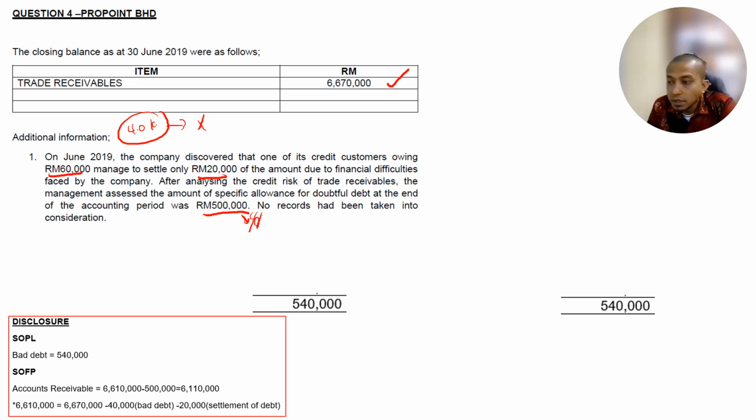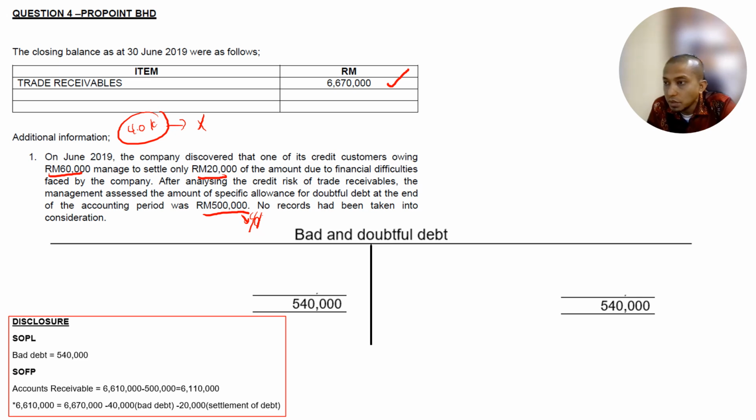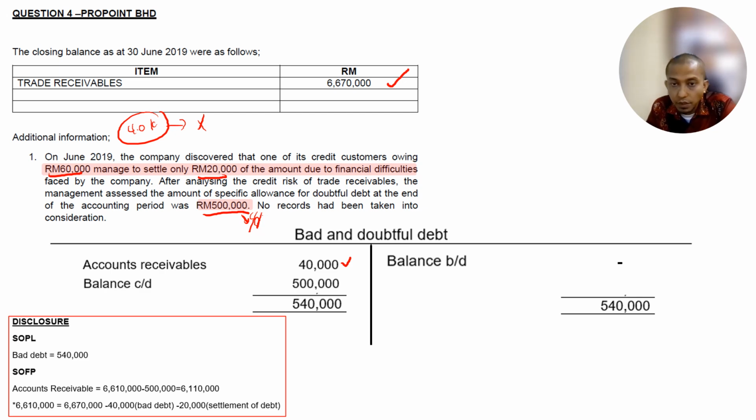Okay, no record has been taken, right? So we just do this. We don't have any beginning balance. The question did not give us any beginning balance, so we put 0. But we know that we have an amount that we are going to write off against the allowance, 40,000, the difference. Then we know the ending balance is 500,000.